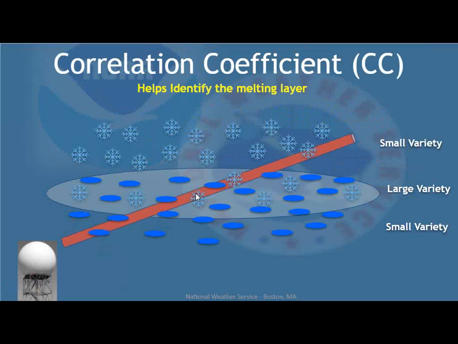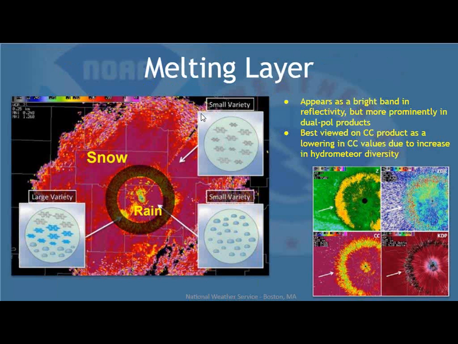Clearly, if you have mixed rain and snow, your correlation coefficient is going to be reduced, indicating rain mixing in with the snowflakes. And this is what I call the bright banding signature. You can see a bright ring around the radar, and this is in a mixed precipitation event.